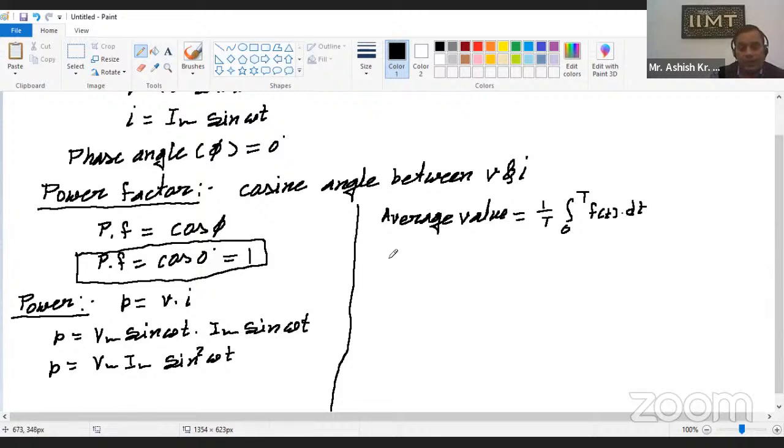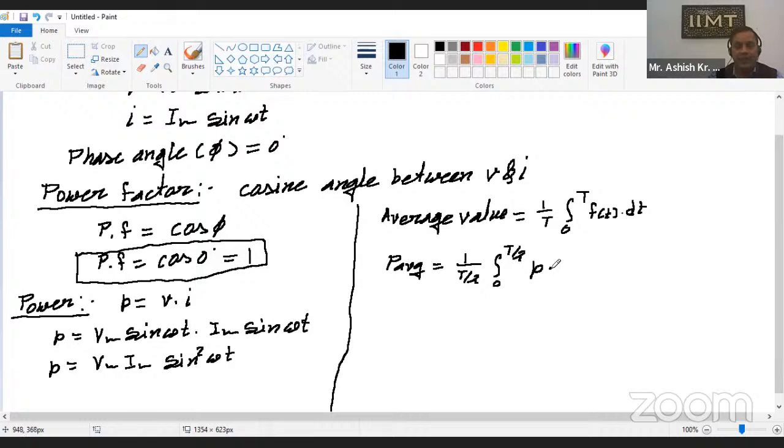For calculating average power, we take the average value for half cycle only. Why only half cycle? Because of positive and negative symmetry, the average over a complete cycle would become 0. So the time period for half cycle is T by 2, and we integrate from 0 to T by 2.